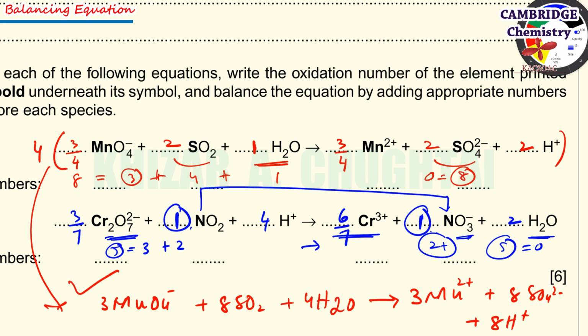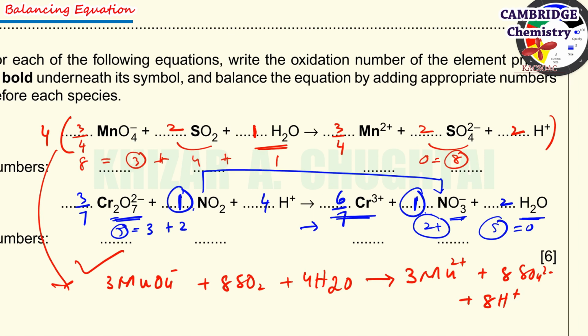Now nitrogen atom and all types of atoms are balanced. To make it into whole numbers, multiply with 7.